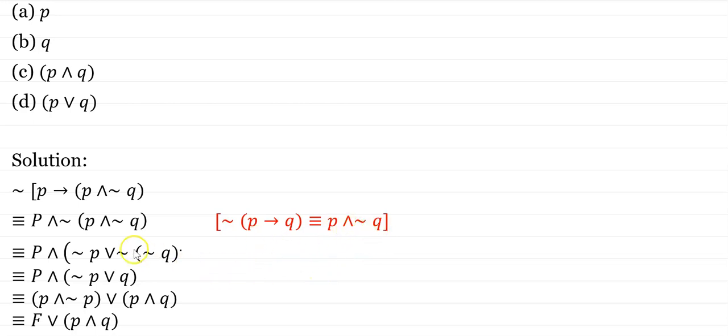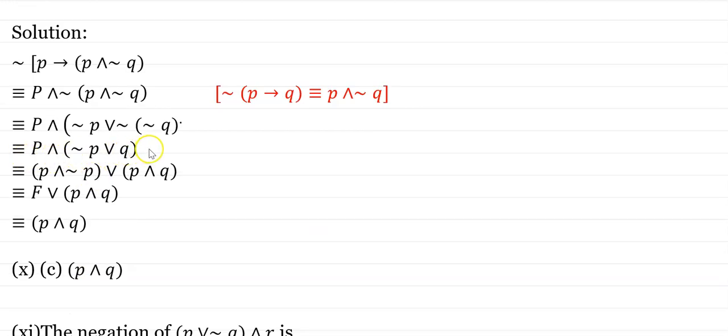P and negation Q. Similarly here P and negation of in bracket P and negation Q. Okay, keep this P as it is. Now the negation of in bracket P and negation Q means what? Negation of P, the and becomes or, and negation of negation Q. Negation of negation Q means what? Here it is Q, and therefore we write here P and in bracket negation of P or Q.